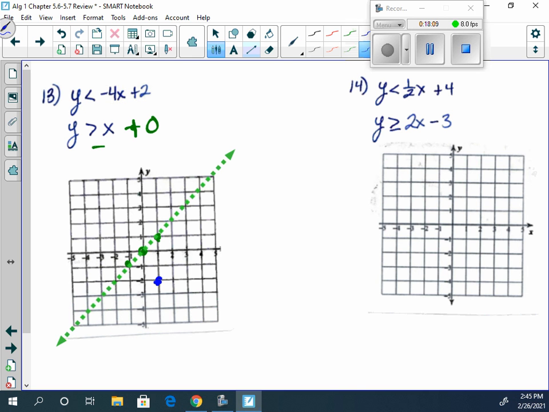When we plug this in, 1, -2, I'm going to plug 1 in for x and -2 for y. So we'll have -2 is greater than 1. Is -2 greater than 1? Yep.